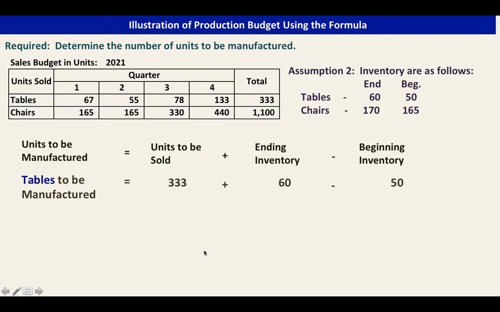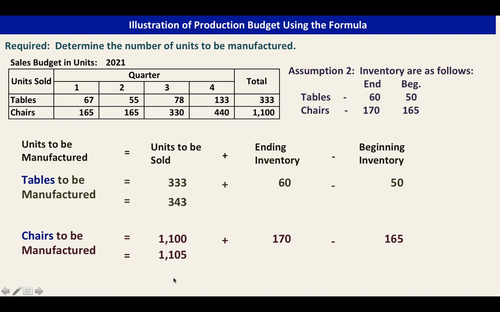So the units to be manufactured, doing the mathematical calculation, is 343. And for the chairs to be manufactured, units to be sold is 1,100 plus ending inventory of 170 minus beginning inventory of 165. Doing the mathematical calculation, you will have chairs to be manufactured of 1,105 units.